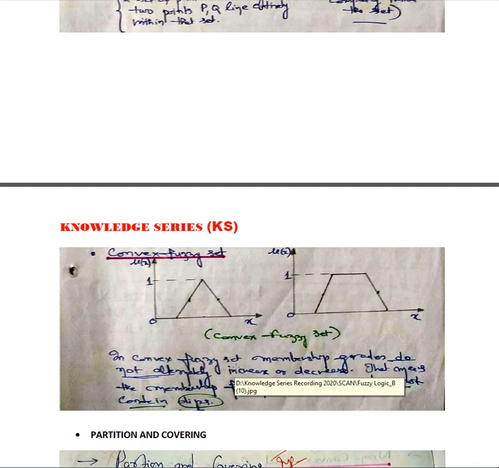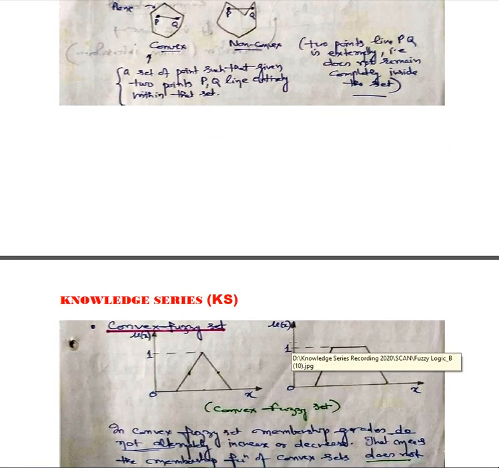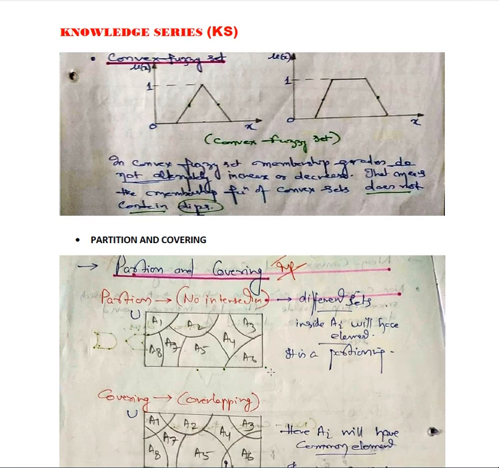So in a concave fuzzy set, the membership grades do not alternately increase or decrease. That means the membership function of a convex set does not contain dips. Dips means changes like this will not be there. So these are the basic contents with respect to concave and convex sets.